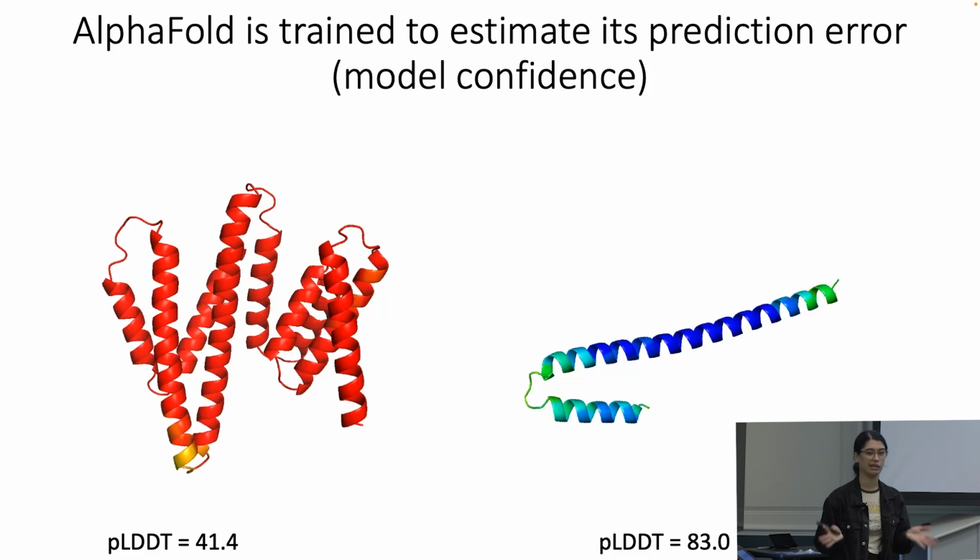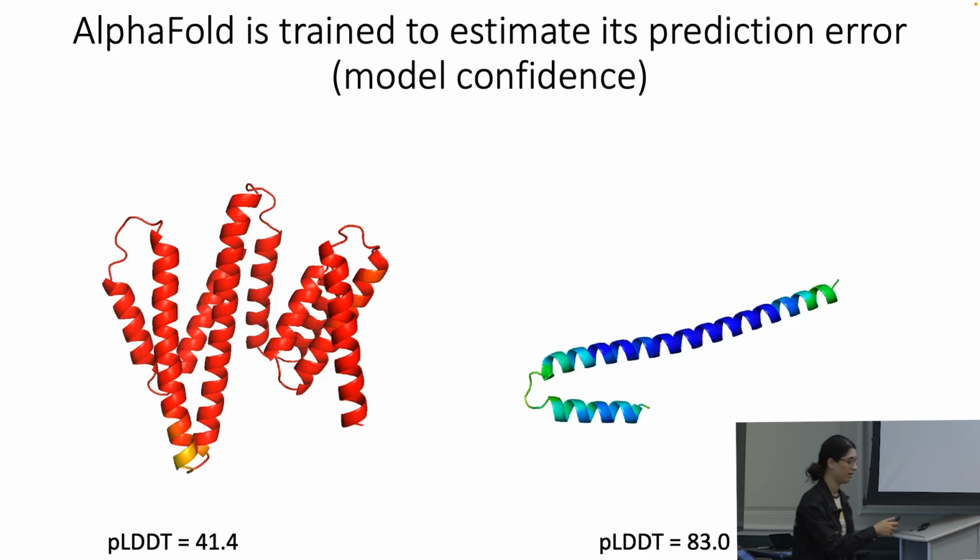Having that simultaneous training strategy allows it to assess its own error, which unlocks a lot of power because you're able to learn at multiple levels. One of the levels is obviously place the coordinates and make it as accurate as possible, but also learn how poorly you're doing the whole time.